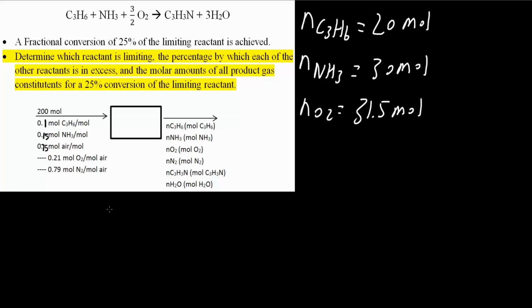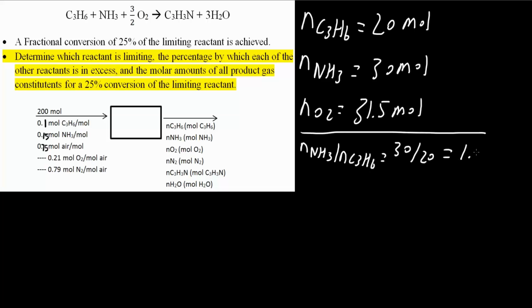So now we need to know what the limiting reactant is. To get the limiting reactant, first we will say N NH3 divided by N C3H6. If we do that, we get 30 divided by 20, and that's going to be 1.5.